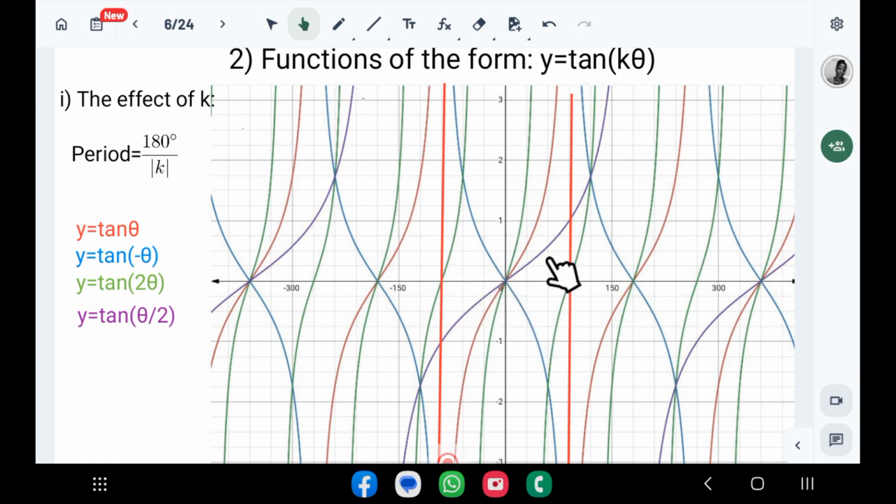Now, the domain of this center branch is negative 90 degrees to 90 degrees. For the graph of y equals tan of theta over 2, the period is 360 degrees, and you will see what happens to the center branch.